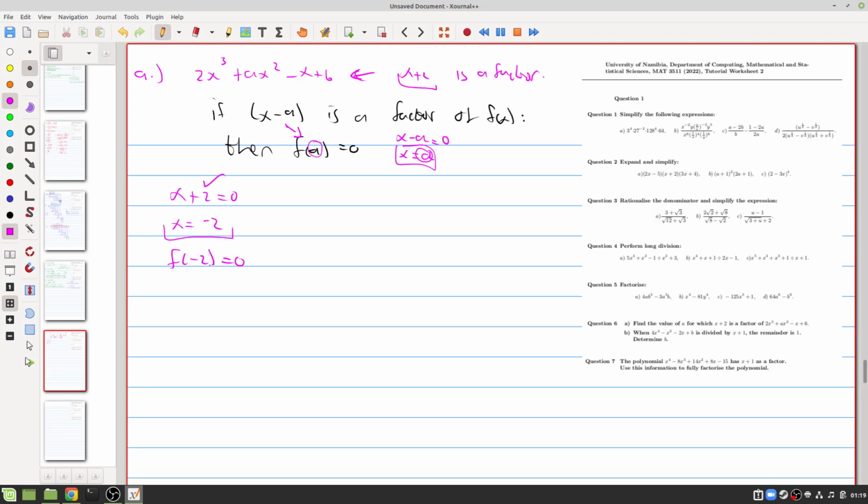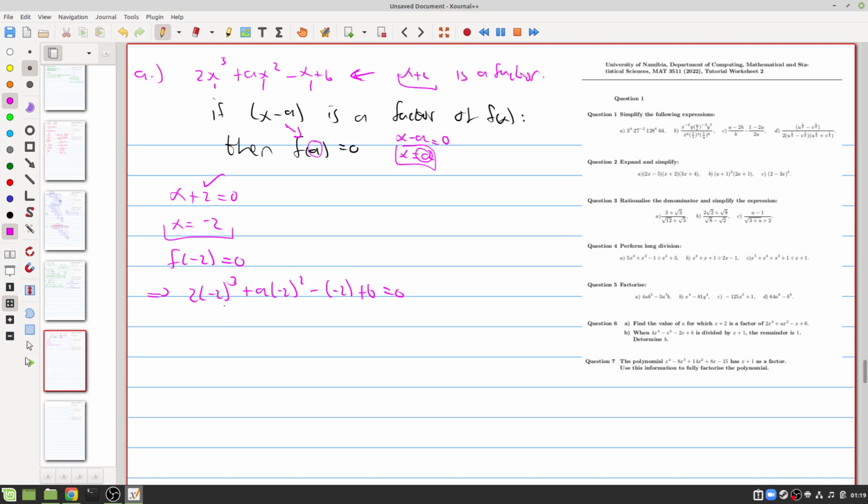Then we can just plug that into our formula. Right, so we can just replace x with negative 2 and put it equal to 0. So this means that 2 times negative 2 cubed, so we're just replacing the x with negative 2 each time, plus a times negative 2 squared, minus negative 2 plus 6 equals 0. And it equals 0 because it's a factor.